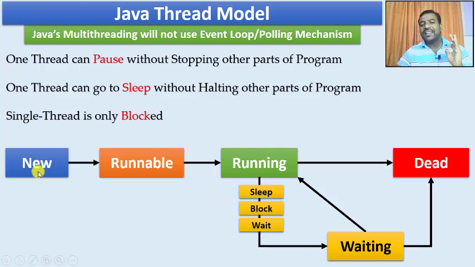Hence, the thread can be created only once and the thread can be destroyed only once. Once destroyed, you cannot use the same thread. You need to create an entirely new thread. That is why we use the word new. You cannot reuse a thread once it has been destroyed or deleted.